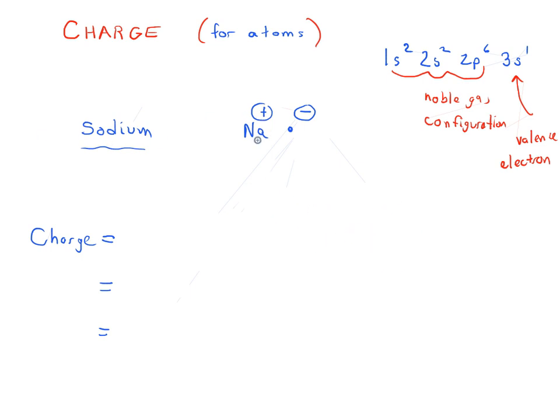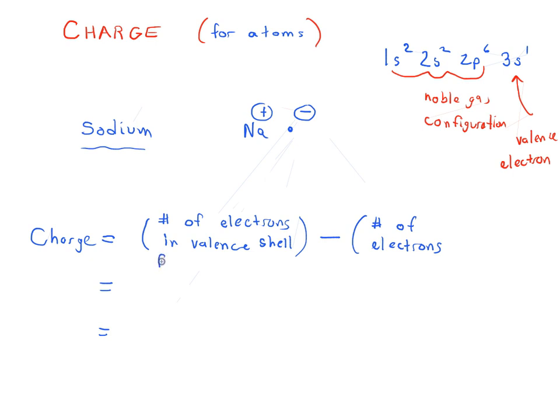If we say that we know, for example, that neutral sodium has 1 electron in its valence shell, so the number of electrons in the valence shell for the neutral atom, the free and neutral atom, we're going to subtract the number of electrons in the valence shell for the given atom at hand.